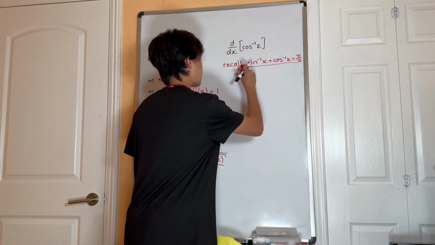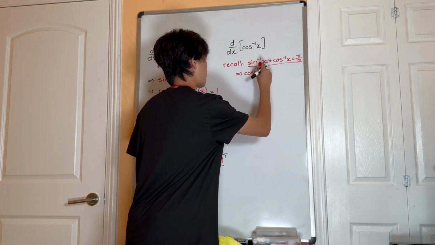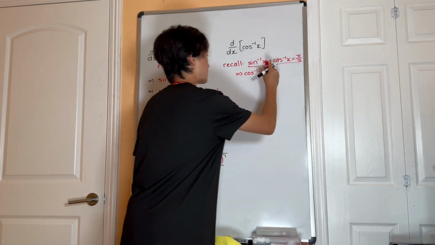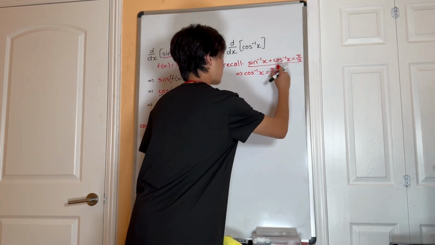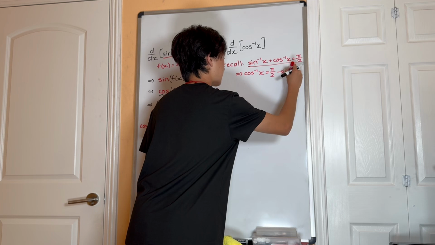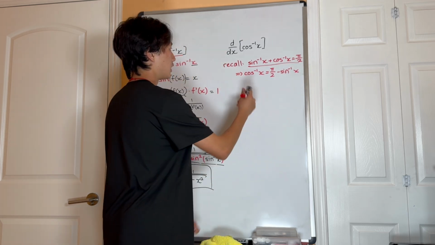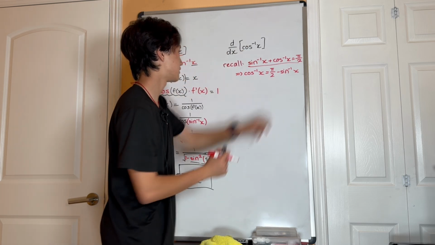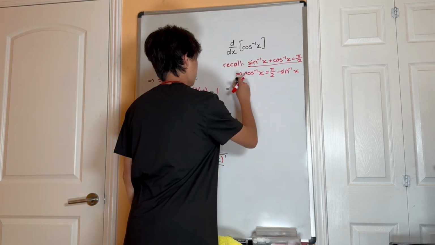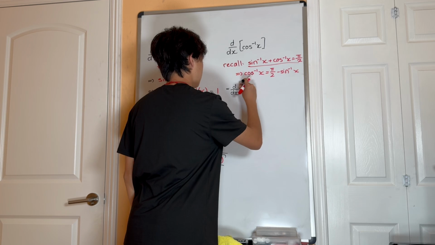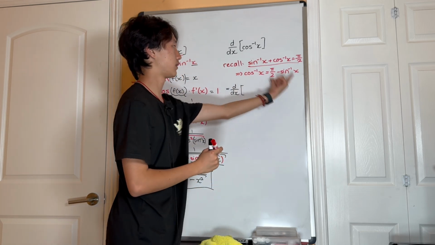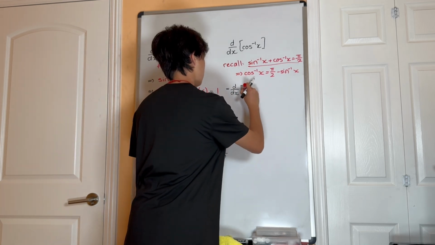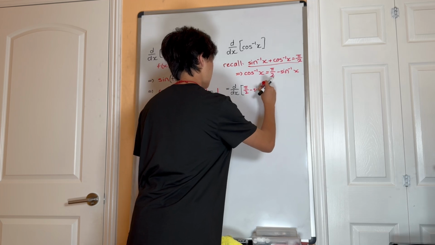So, to isolate the inverse cosine, we just subtract inverse sine on both sides. So we have this being equal to pi over 2 minus arc sine of x. So we can go ahead and replace whatever's on the inside here with that. So this is equal to the derivative of pi over 2 minus sine inverse x.